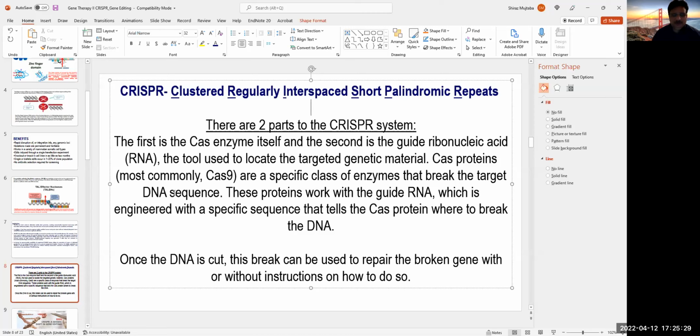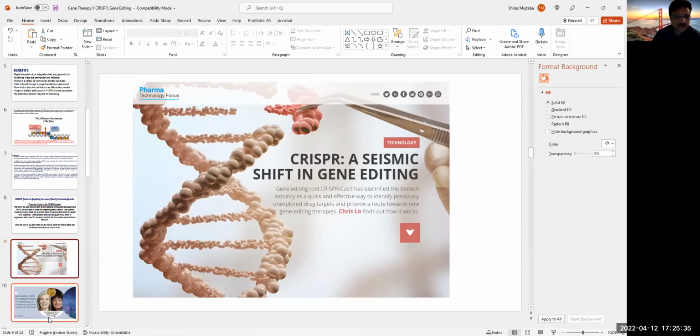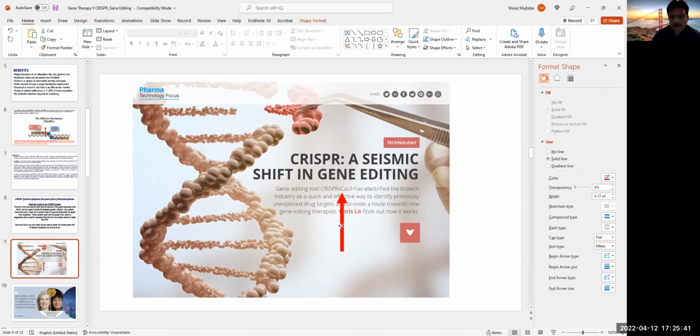Now this CRISPR system also has two portions, but before I go into the detail, let me share something. This CRISPR system is a big discovery in biology. And it says, so I just copy pasted from Google Images, a systemic shift in gene editing.